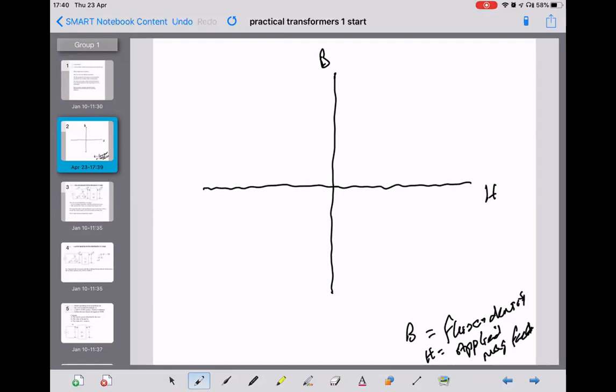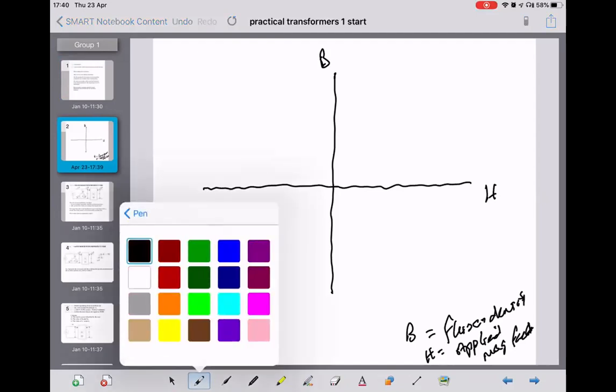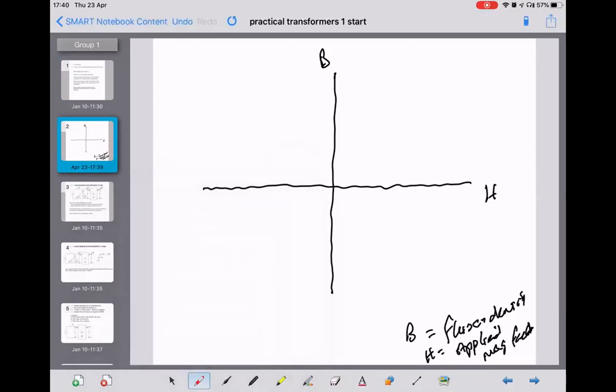What happens is, when you apply some current to a coil, if we had an ideal transformer, we'd get a line like this. It would build up for as long as we liked in that direction, and when the field is taken away, it would go back to zero and back up the other half if we're applying an AC signal.